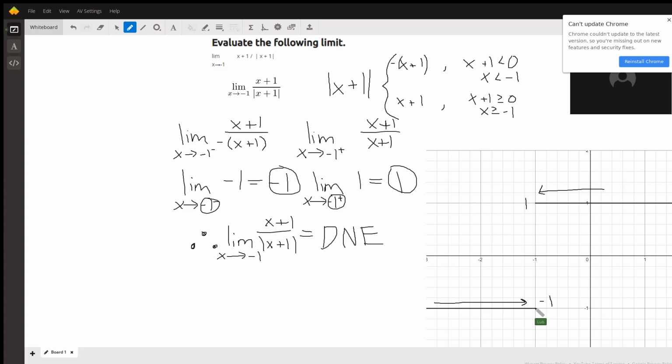Now see how it has like a jump right here. So in order for a limit to exist, they have to approach the same point, but they approach different points right here from the right side and the left side. So that's why it does not exist.